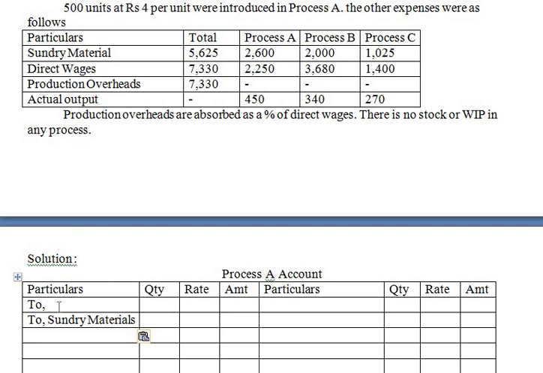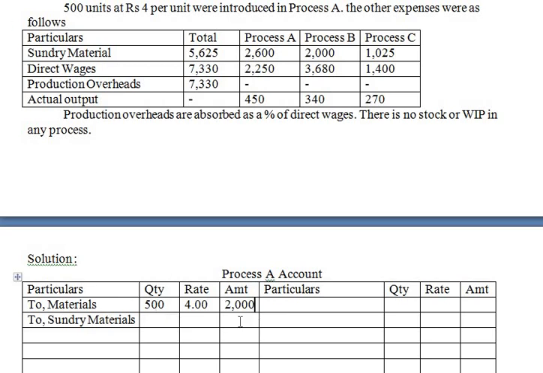Remember, always first we need to take input. Input is, just see here, 500 units at rupees 4 per unit were introduced in process A, right? So here we take materials. Quantity is 500 and the rate is 4, and amount is 2,000. First we need to take whatever input they have given, then we will take other expenses.